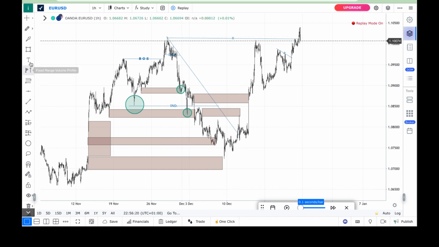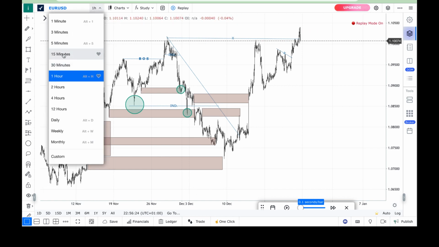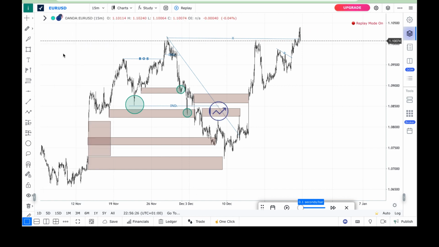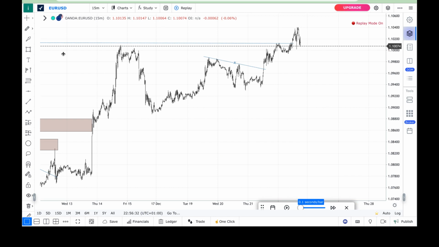Now, if you switch to 15 minutes, just like I said earlier, as you can see, we already have some other order blocks waiting.